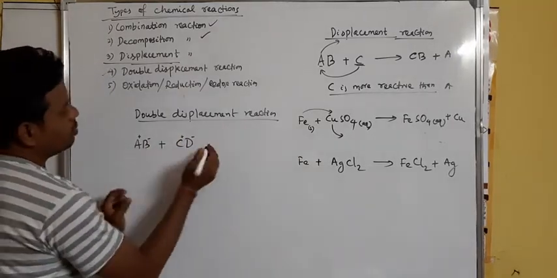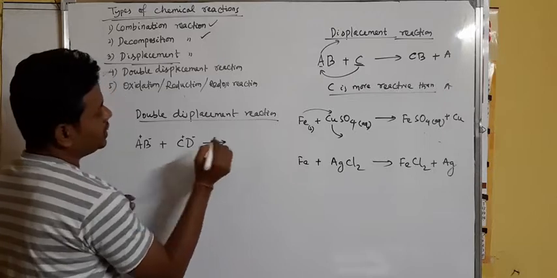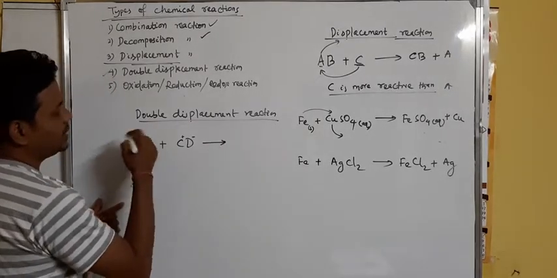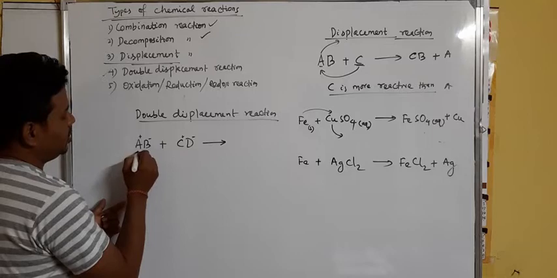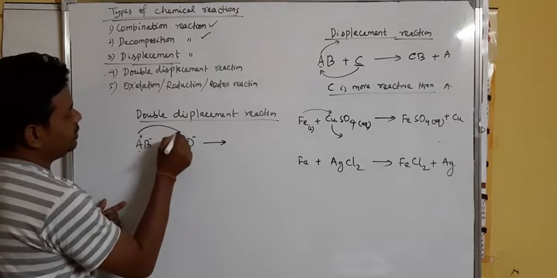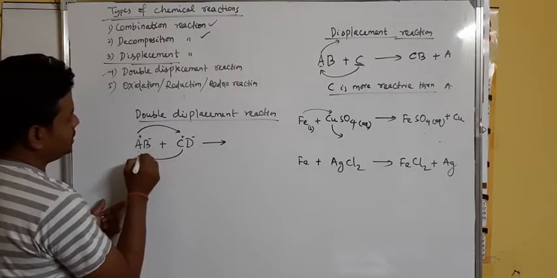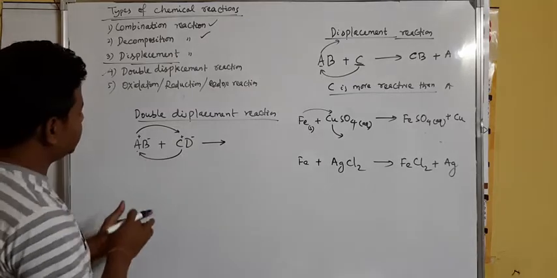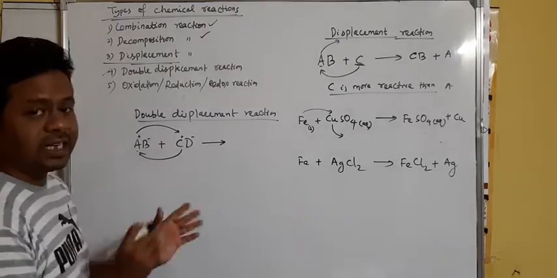If these two ionic compounds react with each other, what happens? They exchange their ions. A and C are displacing each other.